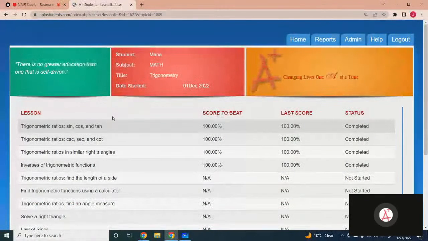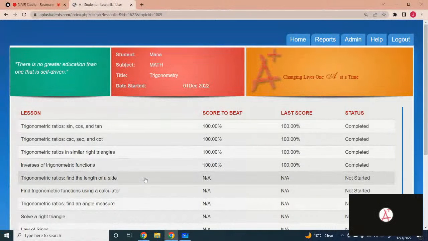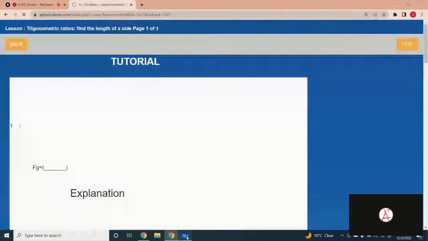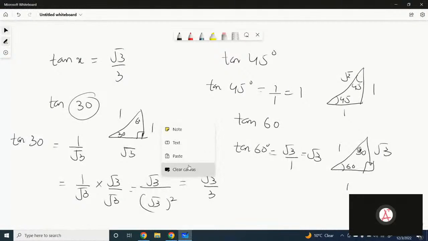The next topic is trigonometric ratios. Find the length of a side. Let me just write the lesson name.